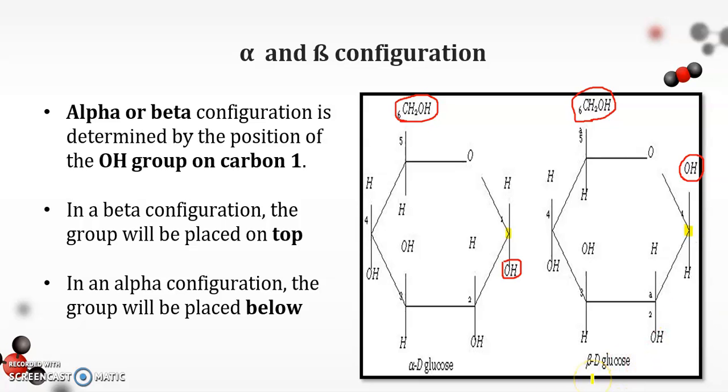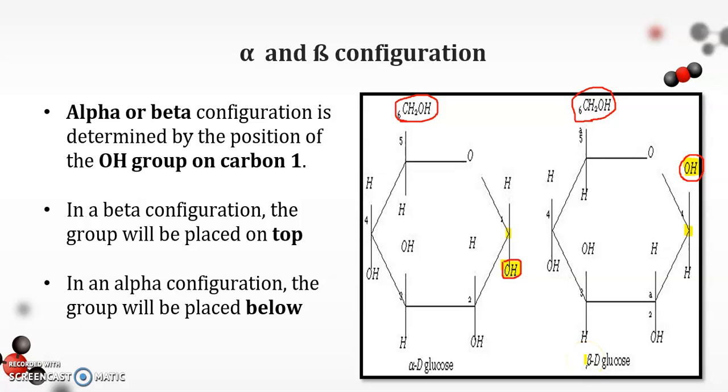If the hydroxyl group is placed below, then this will be alpha. If the hydroxyl group is placed on top, then this will be beta.